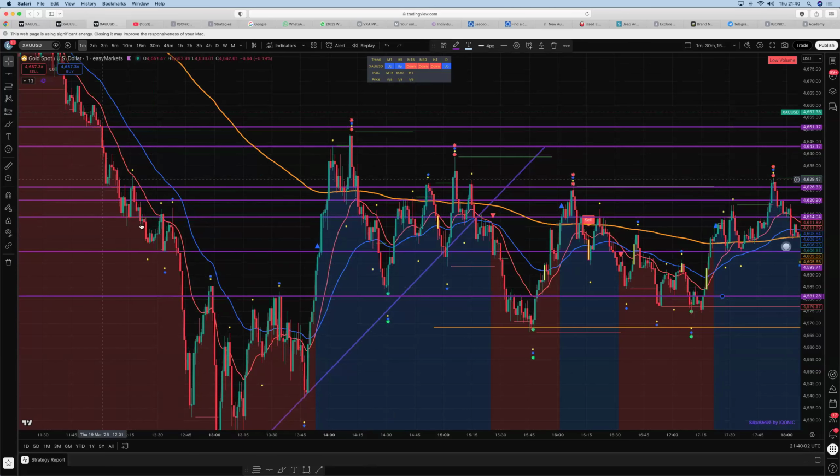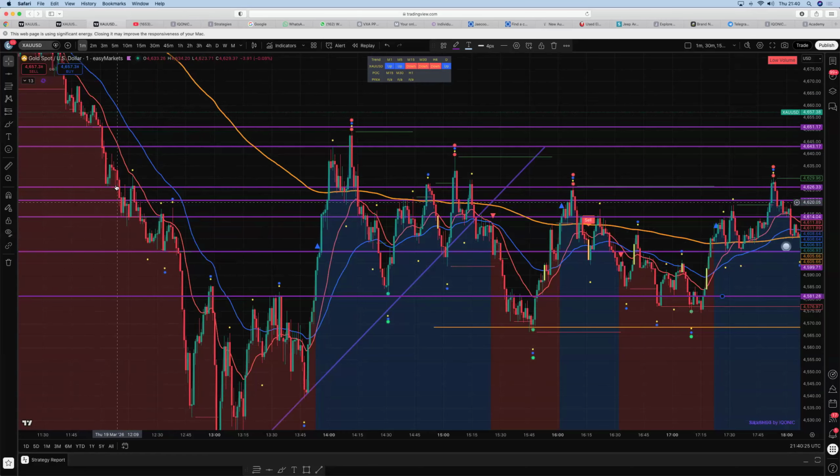Now, if you're operating on the 1 minute time frame, remember, we are not trading the 1 minute time frame, but we are using it as our guide, as our base to see what the market is doing.